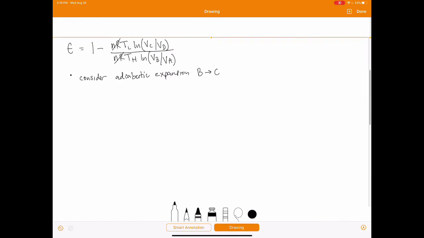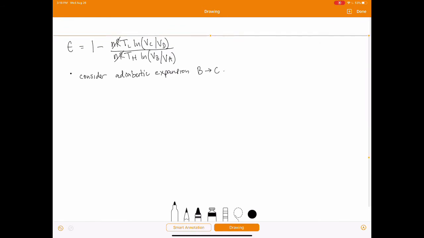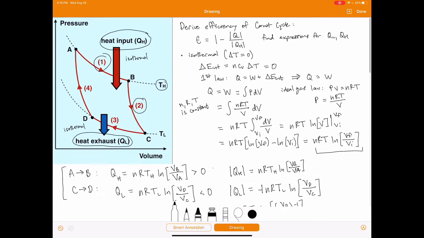And I want you to remember that for an adiabatic process, we have a certain set of relationships that we derived back in chapter 19 between the pressure and the temperature and the volume during an adiabatic process. And one of those relationships was T times V to the gamma minus 1 is constant. So we're going to use that and apply it to the process, again, that takes us from B to C. Okay, from the diagram, the temperature at point B is TH.